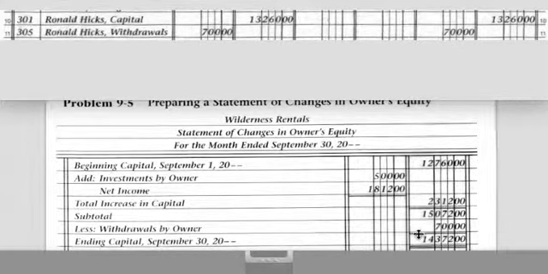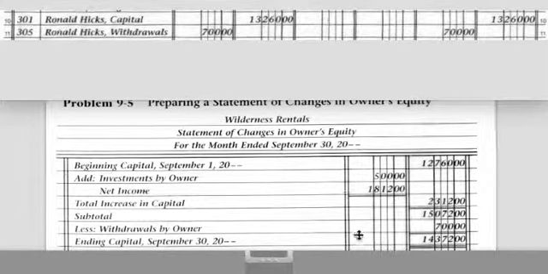You're going to put a single rule under the $700, and our very last wording on this statement is ending capital, comma, September 30th, and then the year. Then you'll put $14,372 in the right column.